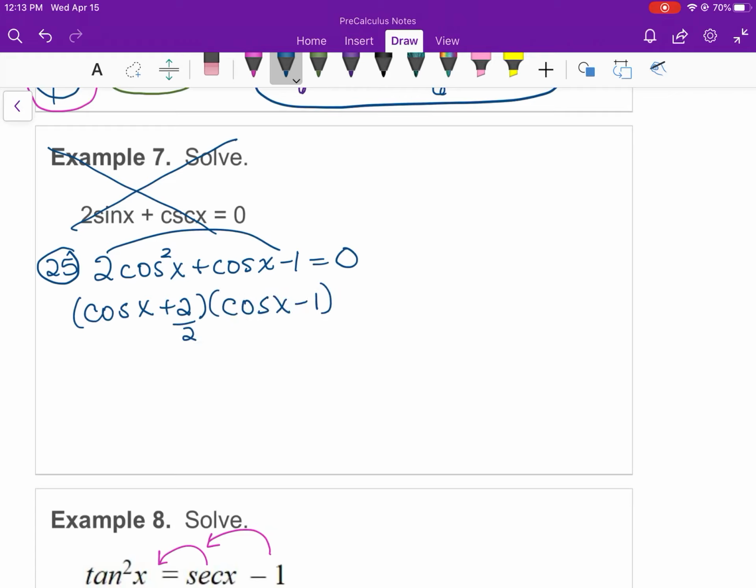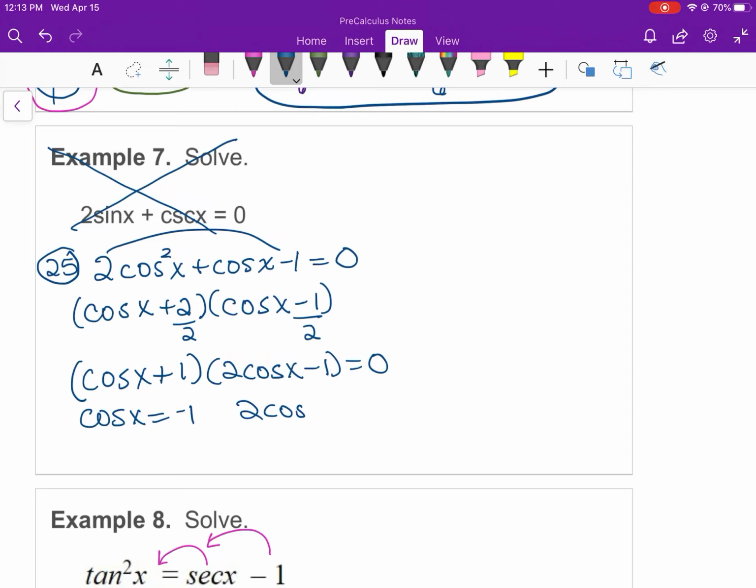Divide by 2. Set my factors equal to 0. And cosine is -1 at pi. Pi sits right here. If I want to get back to pi, I'm going to have to add 2n pi to that.